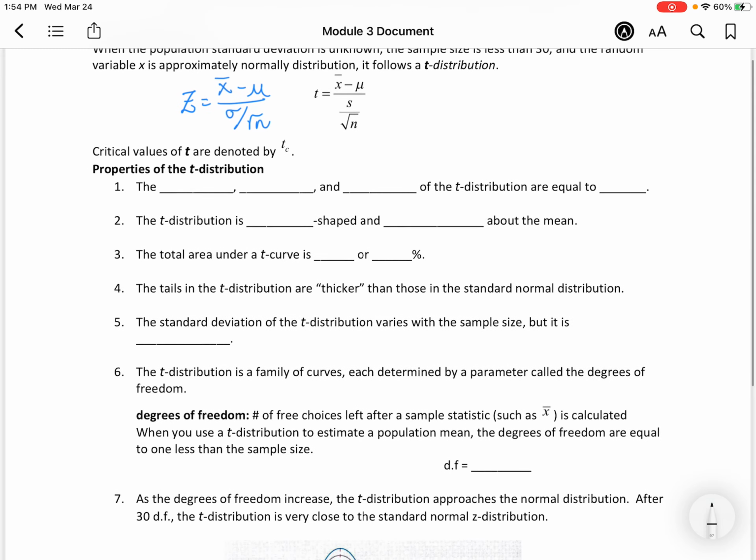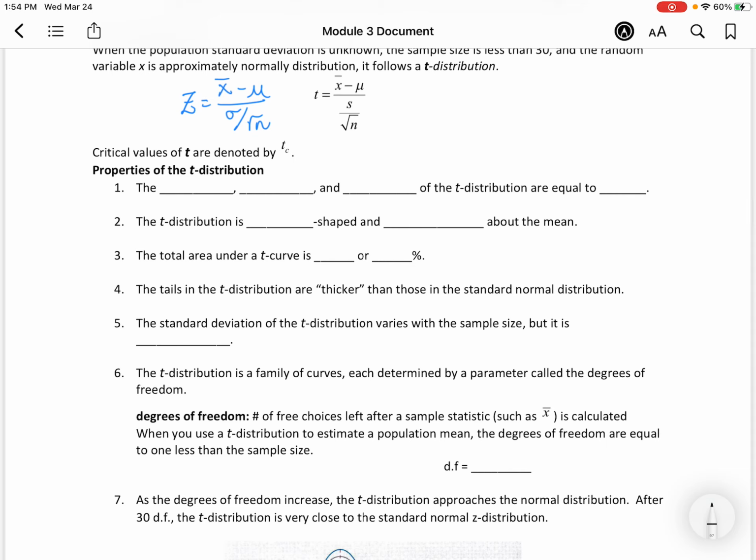So when we start talking about the critical values and the properties of the t distribution, the mean, median, and mode of the t distribution are all equal to 0, just like it is in the z. The t distribution is bell-shaped and symmetric about the mean, just like it was with the z.